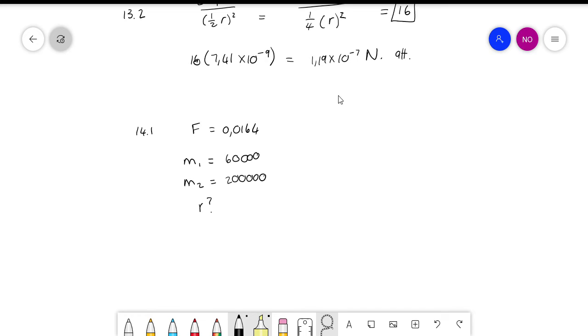En R is wat ons soek. So jy begin weer eens met jou formule. En ons stel in.